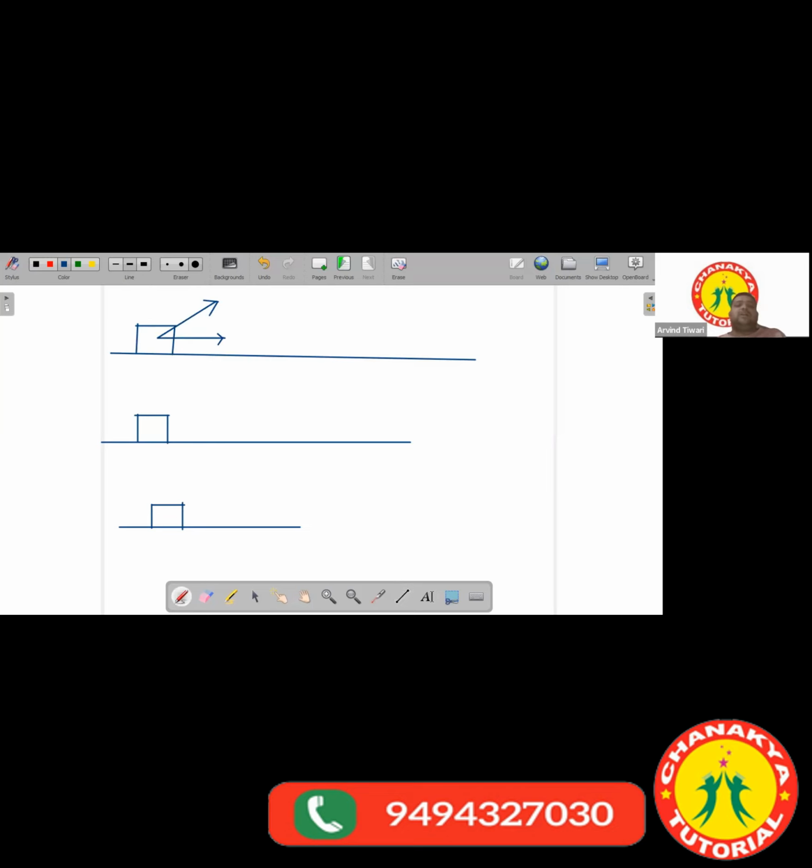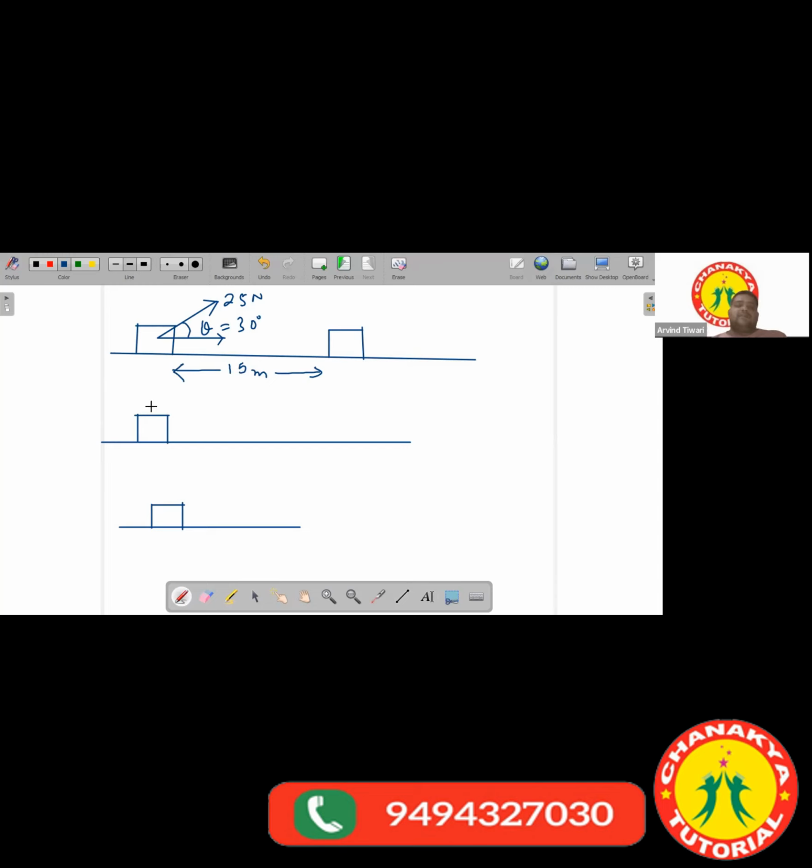The angle between them, theta, is going to be 30 degrees. The force is 25 Newton, and the object is displaced from this position to another position such that the displacement is 15 meter. Find the work done for this first case.